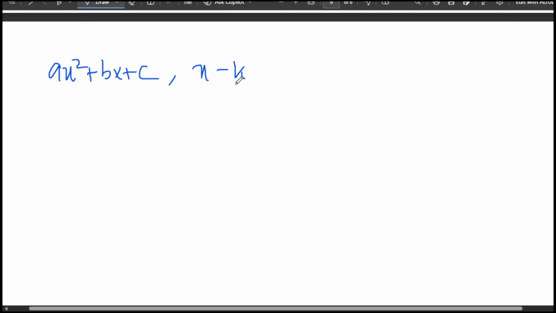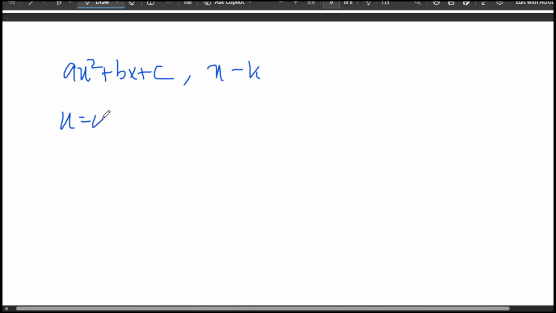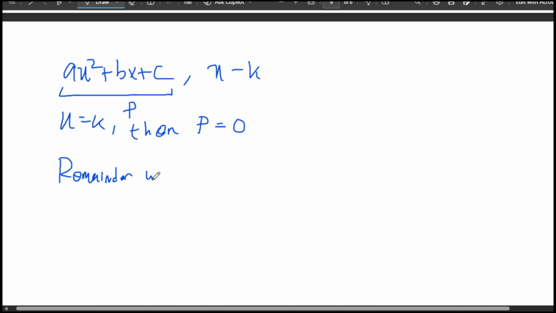So that means when we input x equals k, then our polynomial p equals 0. And that means our remainder, when p is divided by x minus k, equals 0.